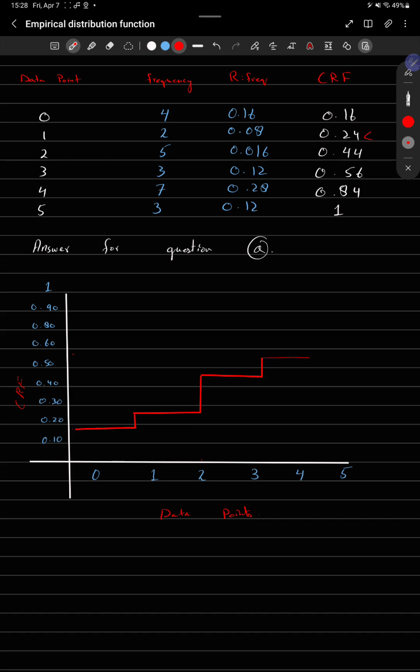It should be straight, this line is always straight. Then we have 0.56 for 3, and for 4 we have 0.84. We go till here, 0.84, then we go to 5, and 5 goes directly till 1. That's finished. This is our empirical distribution function.